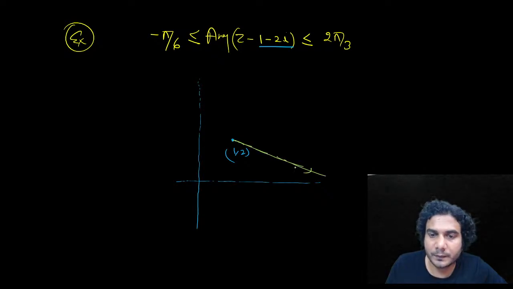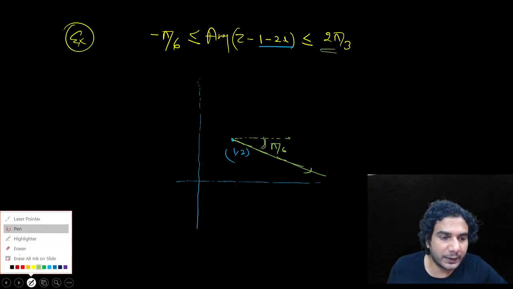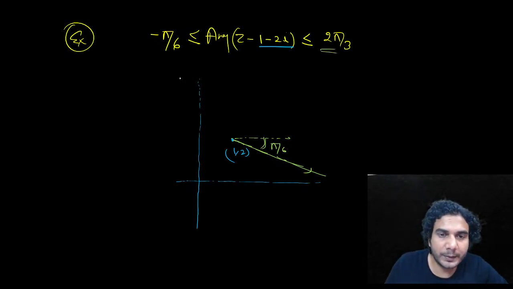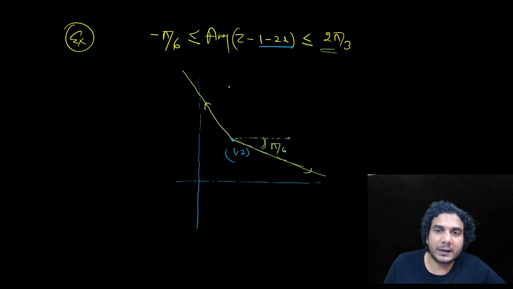So you need to measure this angle pi by 6 in anti-clockwise direction, and one at 2 pi by 3. So 2 pi by 3 is like this. So total this angle is actually 150, right? Yeah. So this is another ray.